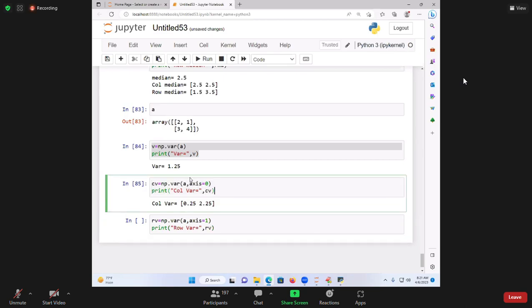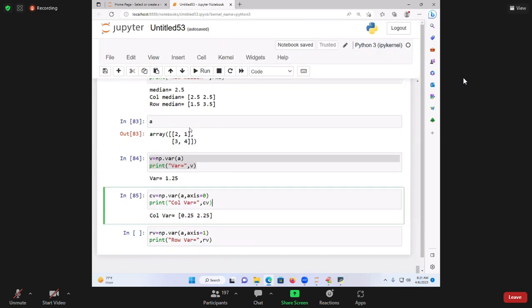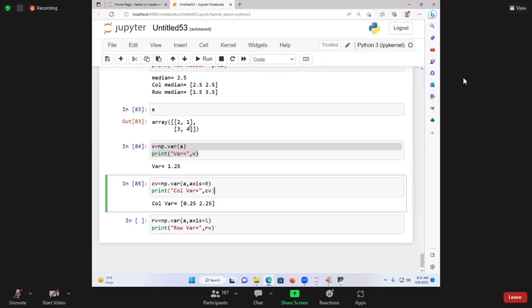Next, 3 and 4 is 7, 7 by 2 is 3.5. 3 minus 3.5 whole square is 0.5 whole square, 0.25. 4 minus 3.5 whole square is 0.5 whole square, 0.25. 0.25 plus 0.25 is 0.50 by 2, that is 0.25 is the answer.